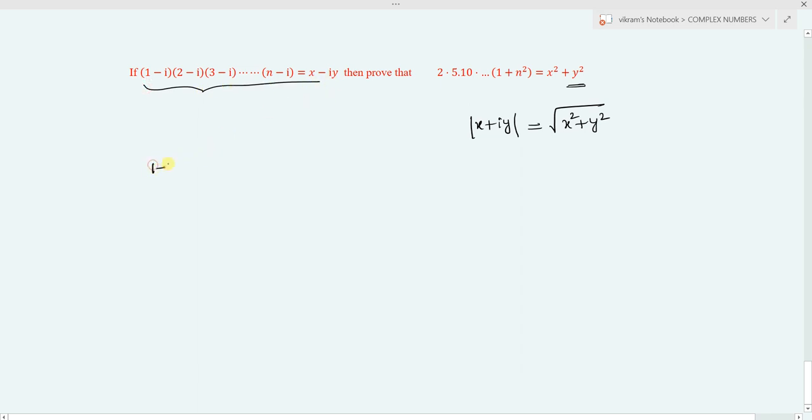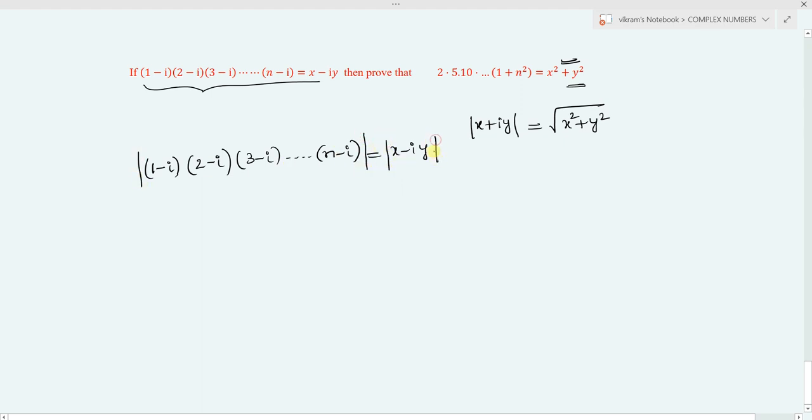What is given? 1 minus i into 2 minus i into 3 minus i and so on up to n minus i equals x minus iy. To obtain x square plus y square, just apply the modulus on both sides.